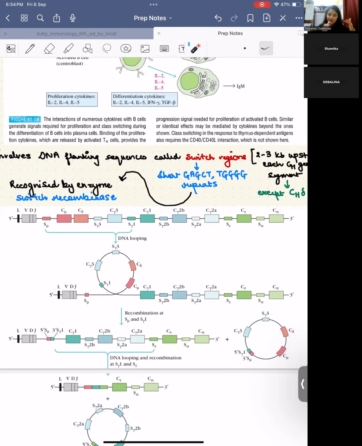We have also discussed previously that for the heavy chain, we have different constant regions arranged upstream or downstream with respect to each other.